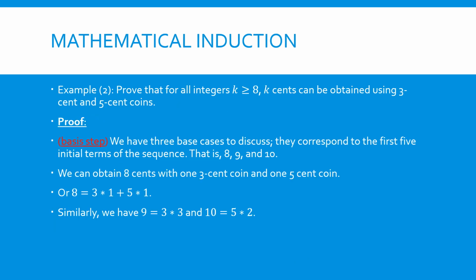Let's look at a strong induction example. Prove that for all integers k larger than or equal to 8, k cents can be obtained using only 3-cent and 5-cent coins. We can see that if we can prove that k minus 2 cents can be obtained using 3 and 5-cent coins, we can just add one 3-cent coin to obtain k+1 cents.